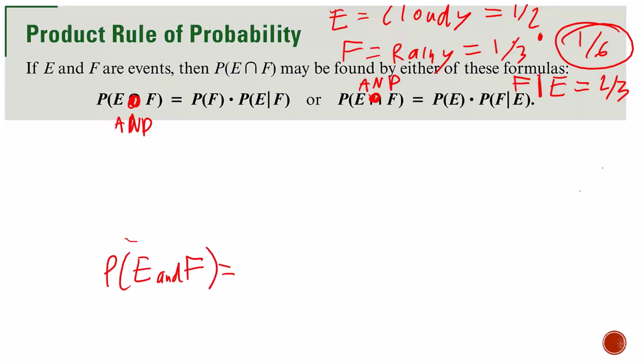So I'm looking at this formula over here. It's the same thing, just the order is different. One-half of the days is cloudy.